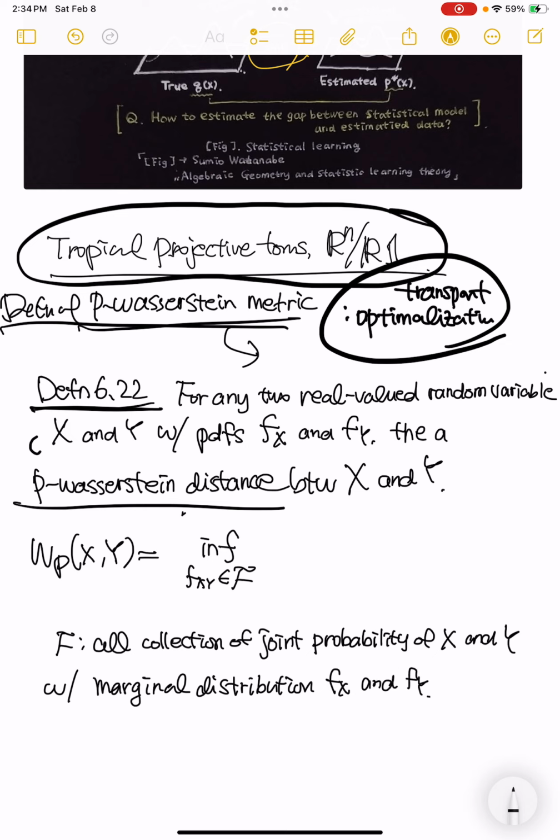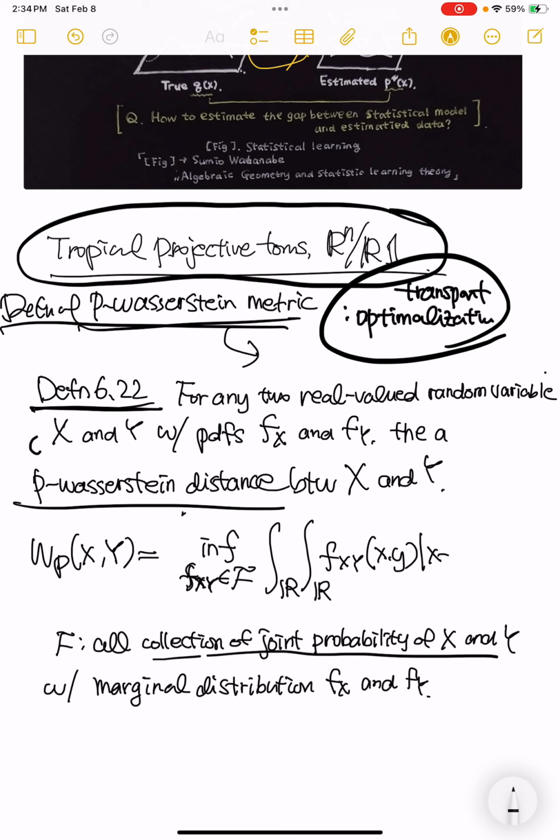We take the infimum over all this collection of probability density functions, of the quantity defined as the integral of |x - y|^p f(x, y) dx dy, to the power 1/p.